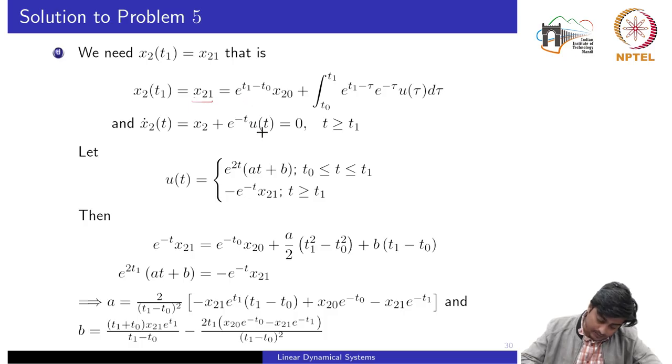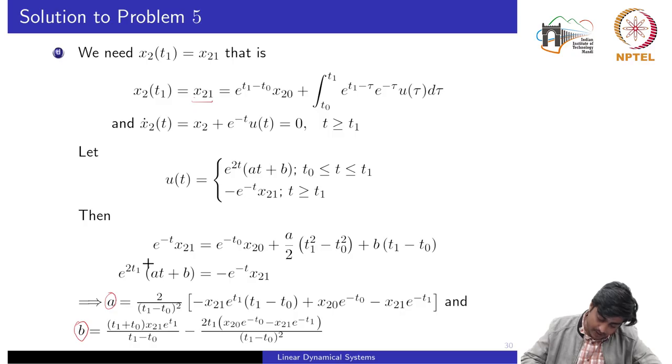So from here I specify u(t) the same as before, e to the power 2t a plus b, between t0 and t1, because we have already seen that applying this u(t) within this time takes me to x21. If I put the derivative equal to 0, I obtain u(t) as minus e to the power minus t x21. Simplifying these expressions, we finally obtain a and b.